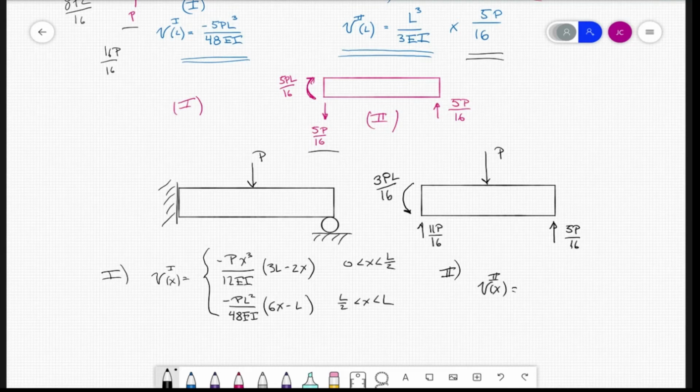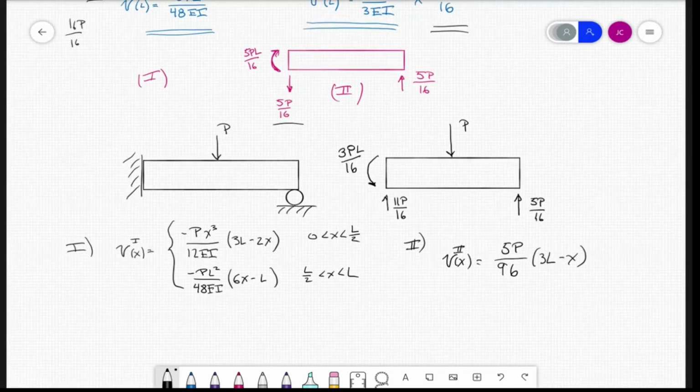So if I put that in there, it becomes 5P over 16 times 6. What is 16 times 6? 96, right? This is 96, 3L minus x. And this is for the whole length of the beam.